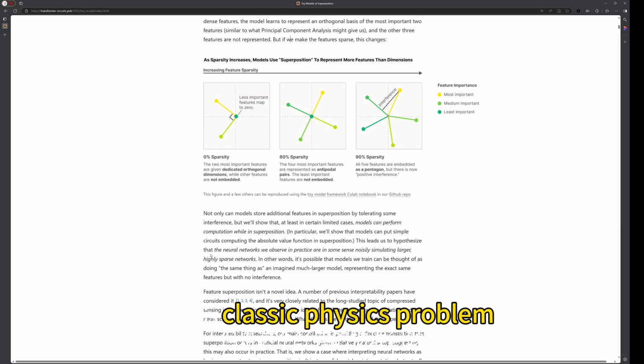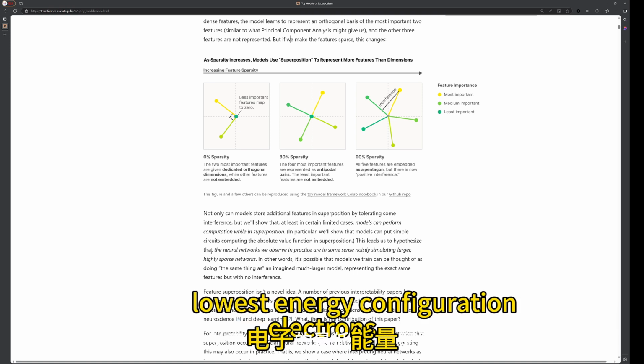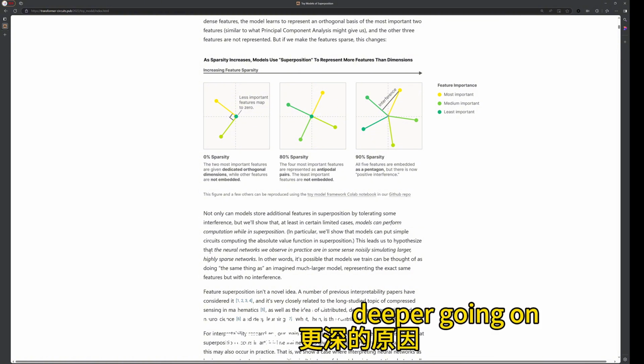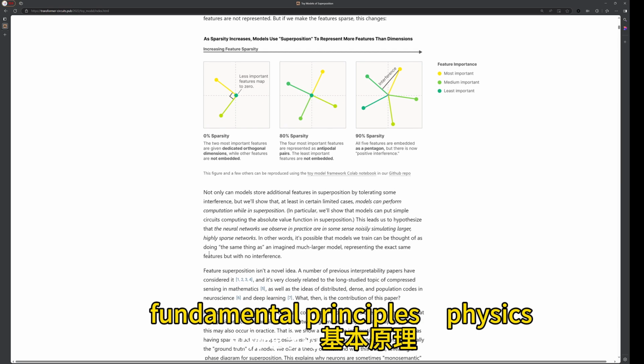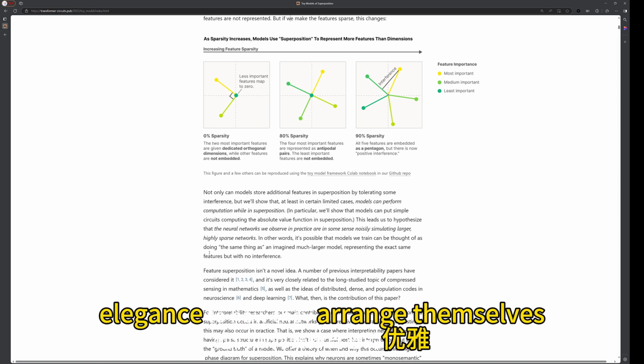Right, this classic physics problem about the lowest energy configuration of electrons on a sphere. That connection suggests there's something deeper going on between neural networks and fundamental principles of physics. It's not just random. There's some structure to it. Elegance, to how they arrange themselves.